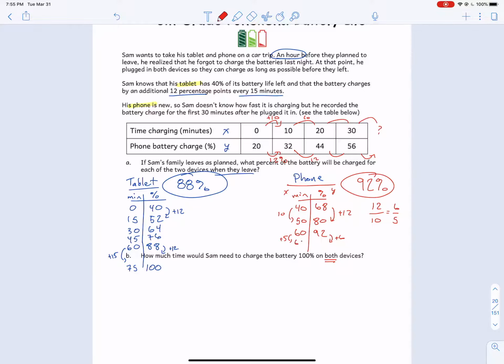So that's 65 minutes, and it'd be at 98. So we're almost at 100%. Okay, so that's not quite there. So we want to add 2 more, okay? So if we add 2 more on this side, that's a third.